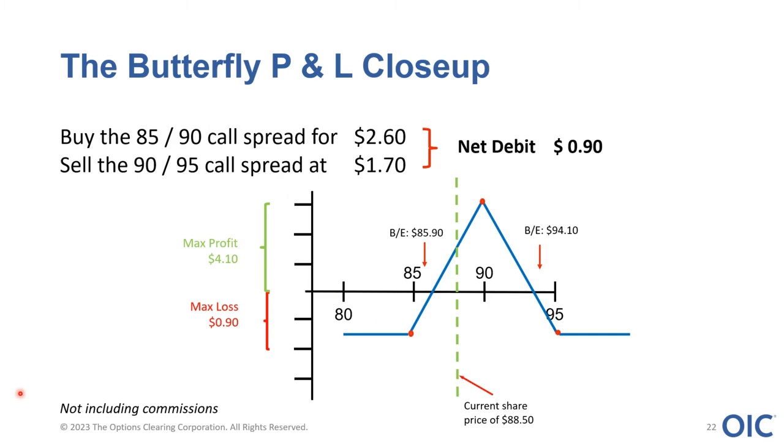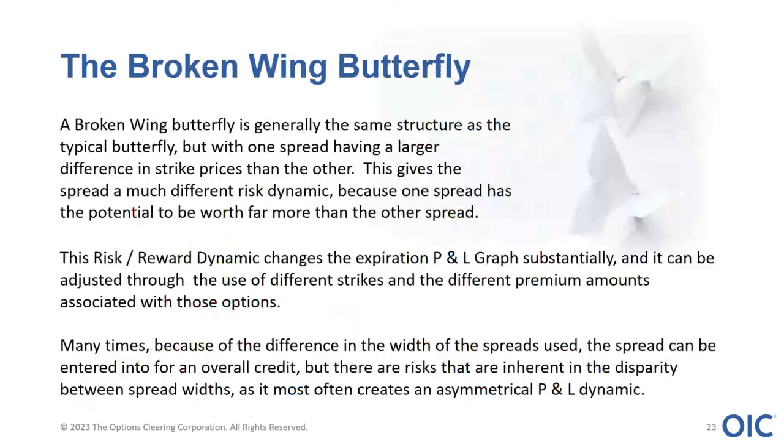Let's talk a little bit about the broken wing butterfly and how that actual spread works, because it's slightly different from a risk perspective. Broken wing butterflies are generally the same structure, but one spread has a larger difference in strike prices than the other, generally.